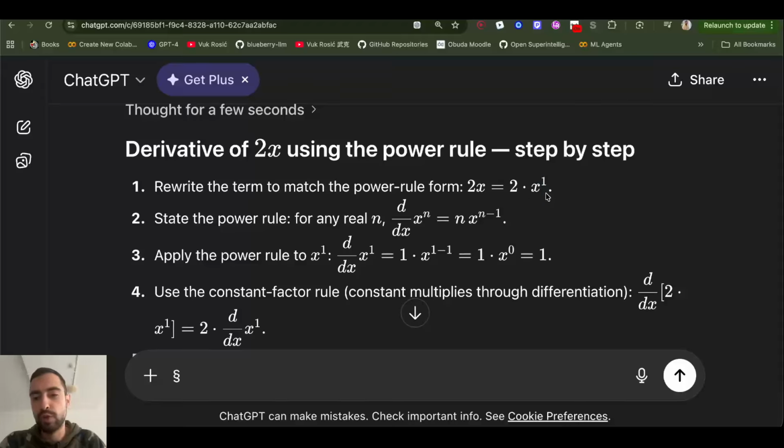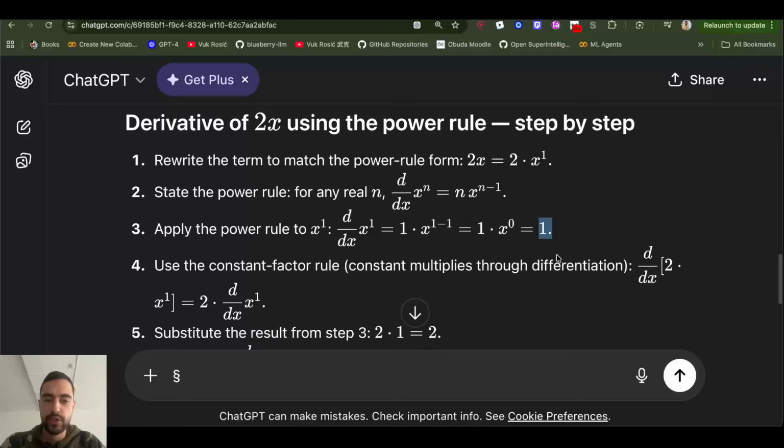I told you the rule is, whatever power you have here, you put it in front of the x. So 1 will go in front of the x, and then you will subtract 1 from whatever power we have here. So we have 1 times x to 1 minus 1. So that's 1 times x to 0. x to 0 is just 1. Any number to 0 is equal to 1. So that's going to be 1.